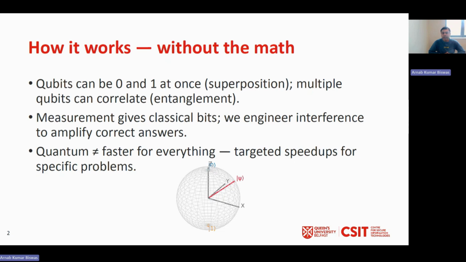What it means basically is that instead of being at a definite state like 0 or 1, it can be at 0 or 1, and it can be at both of them at once. So the quantum state can be a complete or total superposition, or a combination of different probabilities together.